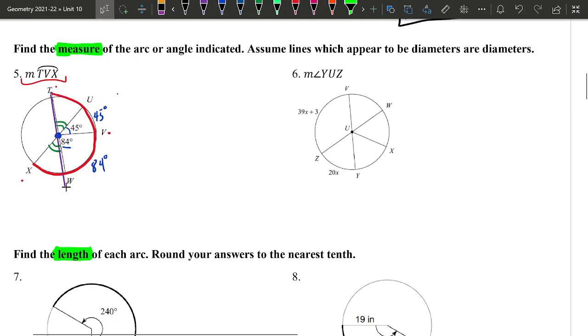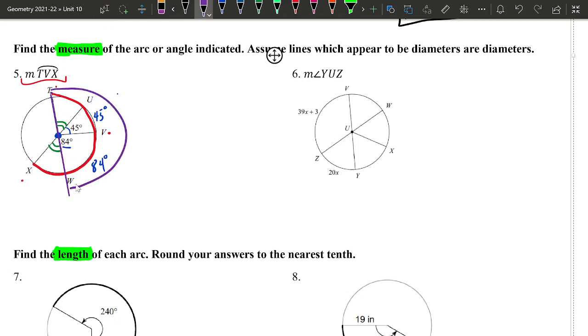So that is a diameter. And diameters make semicircles, and semicircles have an arc measure of 180 degrees. So that means from T to W is a semicircle, so it's 180 degrees.